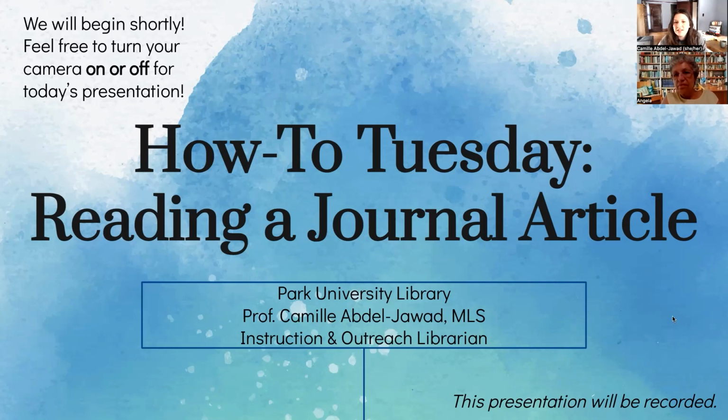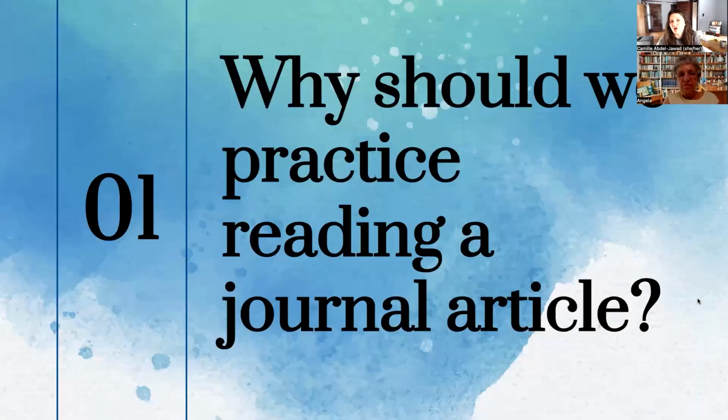So today we're going to be talking through how to read a journal article. One question I get a lot from students is, why should we practice reading a journal article? What's the big deal? Why is it different than reading a textbook or anything else we read? To be honest, it is really different.